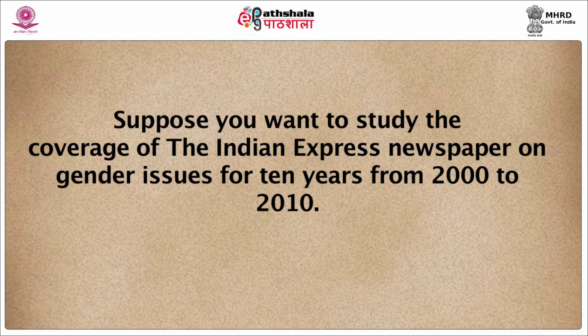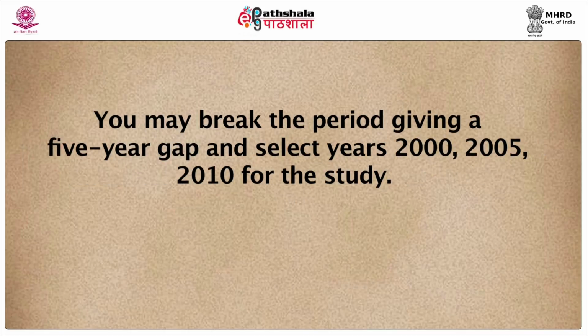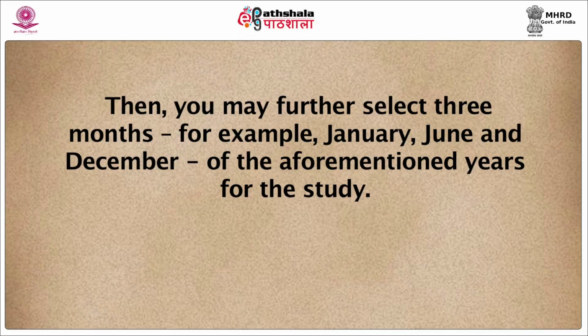Suppose you want to study the coverage of the Indian Express newspaper on gender issues for 10 years from 2000 to 2010. You may break the period giving a 5-year gap and select years 2000, 2005, 2010 for the study. Then, you may further select 3 months, for example, January, June and December of the aforementioned years of the study.